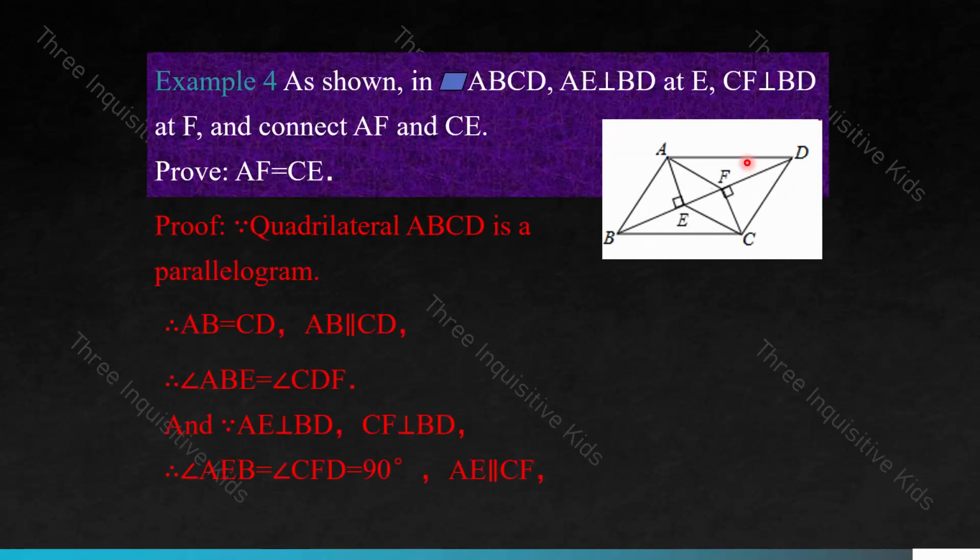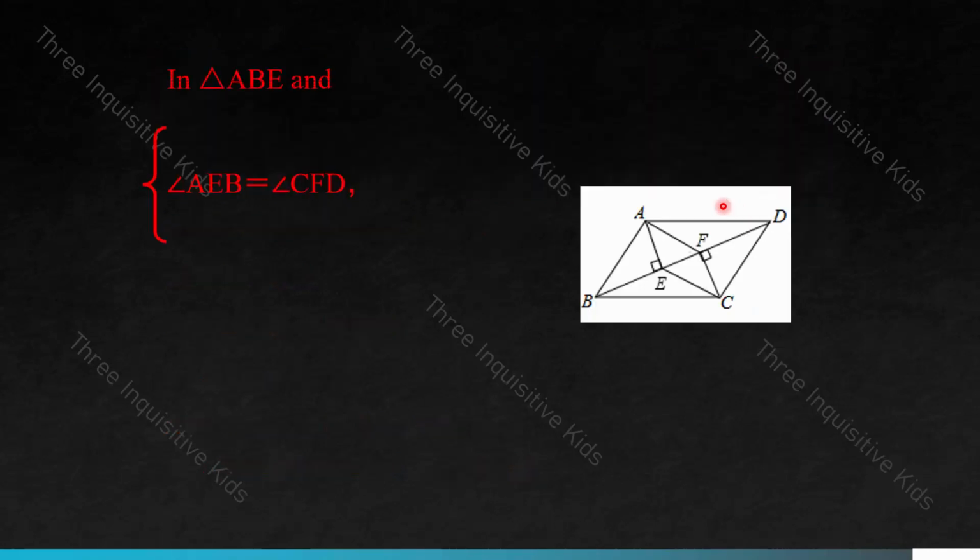And since AE is perpendicular to BD and CF is perpendicular to BD, we know that angles AEB and CFD are both 90 degrees, and AE is parallel to CF. In triangle ABE and triangle CDF, angle ABE is equal to angle CDF, angle AEB is equal to angle CFD, and AB is equal to CD.